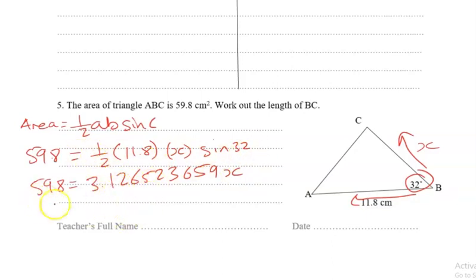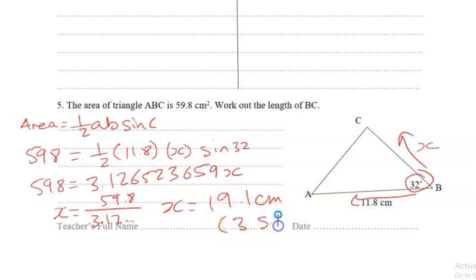Now you just take this number to the other side. X equals 59.8 divided by 3.126, the full value here. X equals 19.1 centimeters, correct to 3 significant figures.